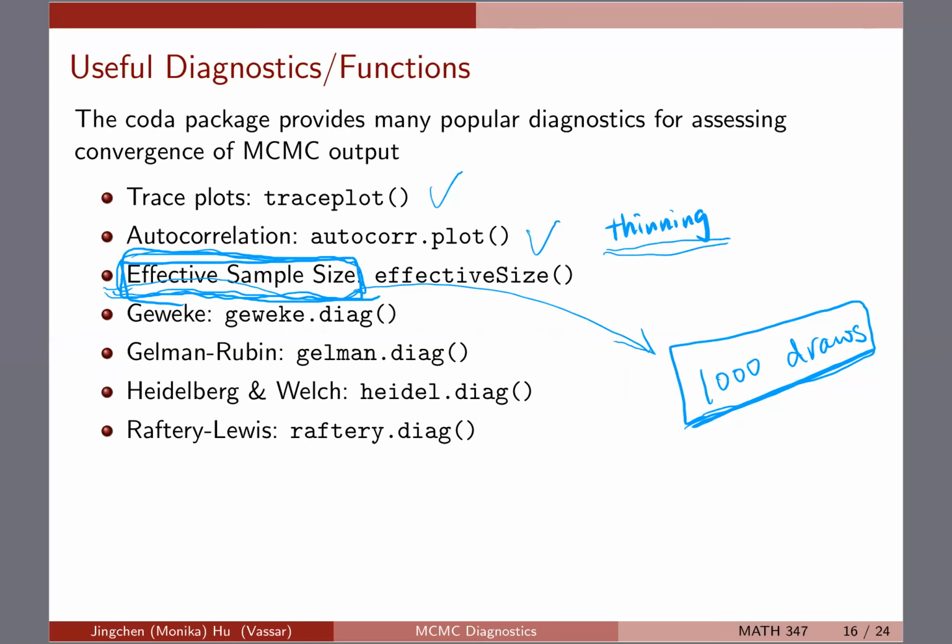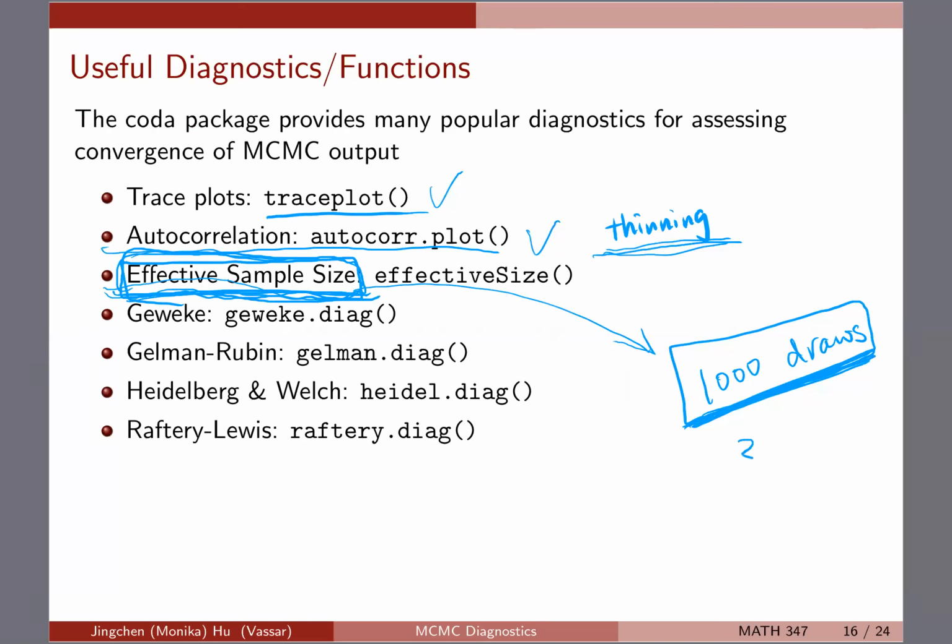But I was saying that even though you have done trace plots, you have done some burning, and based on the autocorrelation plot you have done some thinning, you still don't know how good the remaining draws are, because you have just done your best based on the other diagnostics.